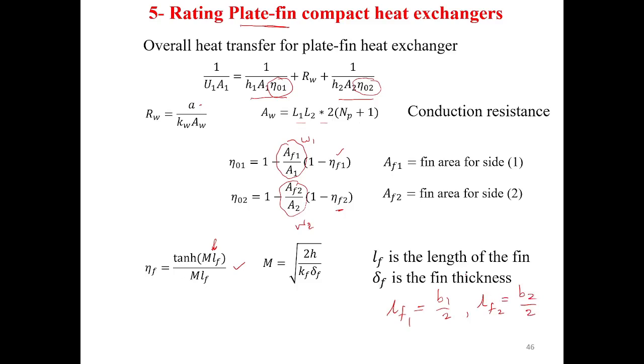And delta F is the thickness of the fin that is given usually among the data of the surface.